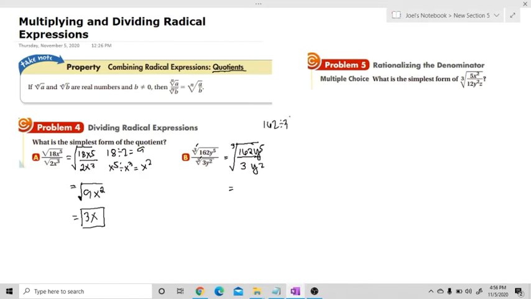What do you think is the answer? The answer is 54, because 54 times 3 is equal to 162. Then, y raised to the exponent 5 divided by y squared is equal to y cubed. Then, it will be the cube root of 54y cubed.